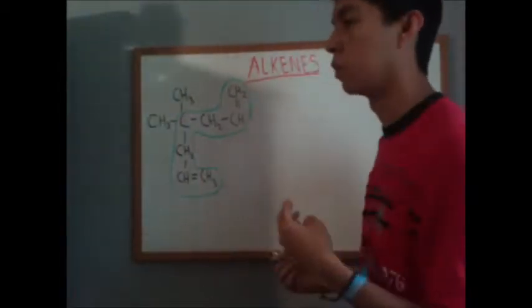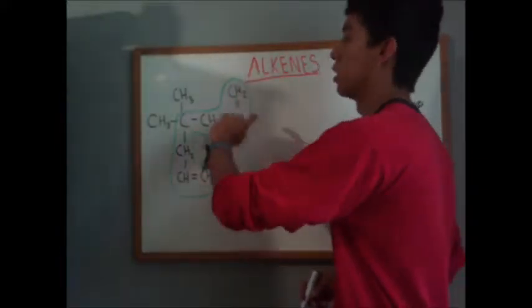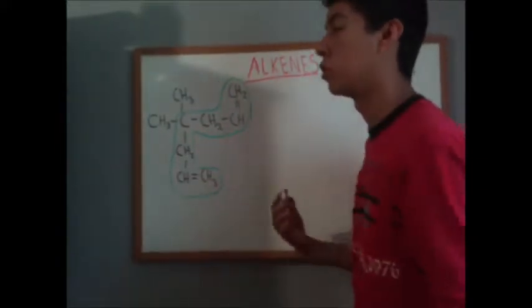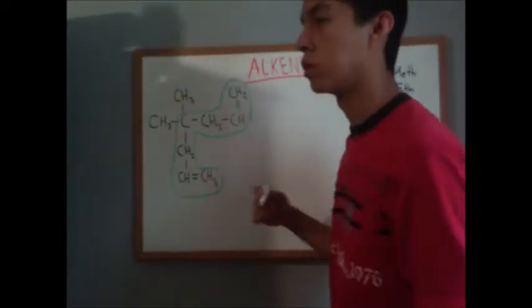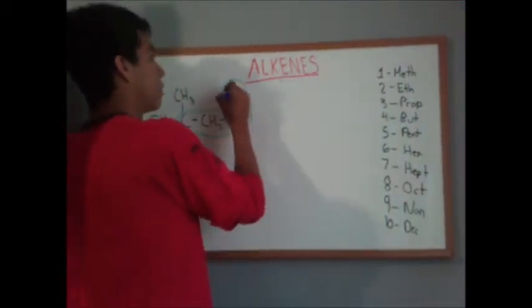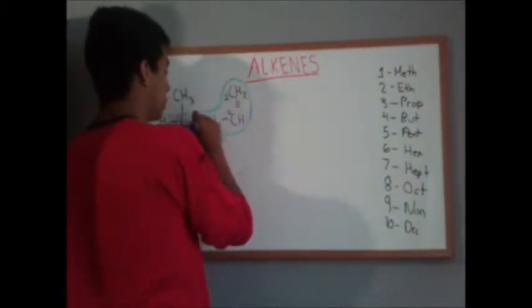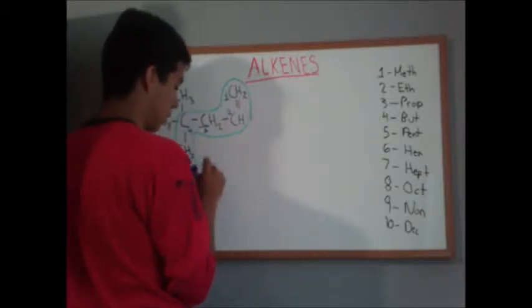So we go to the substituent, and it's equal from both sides, so it doesn't matter where you start numbering. I'm going to start numbering from here: 1, 2, 3, 4, 5, 6, and 7 carbons.